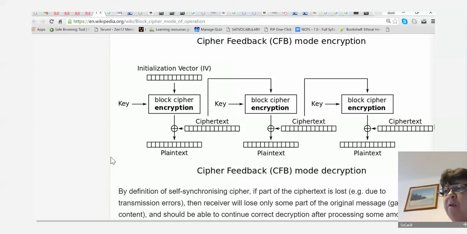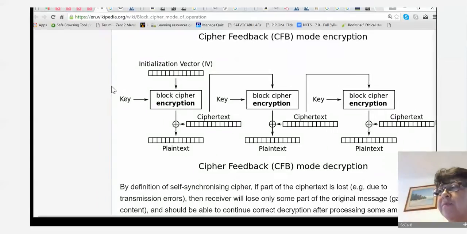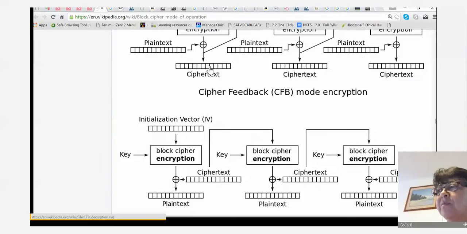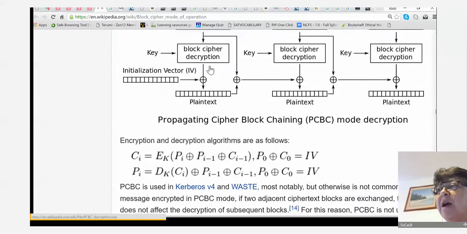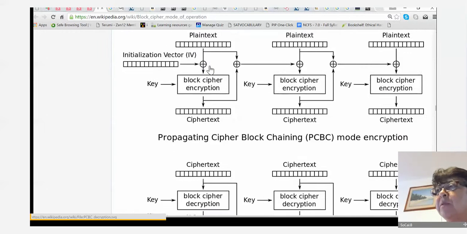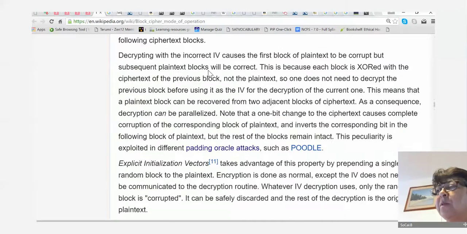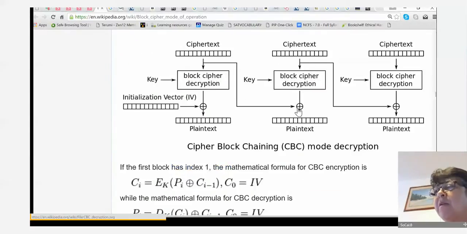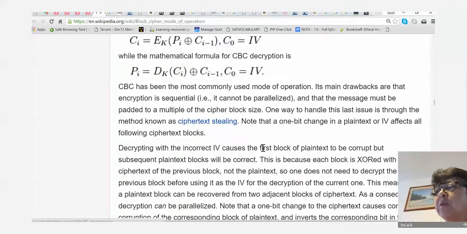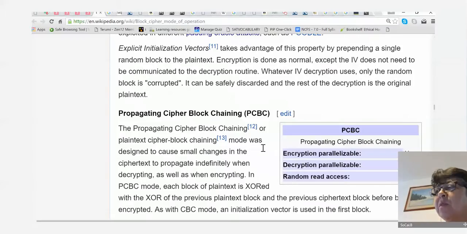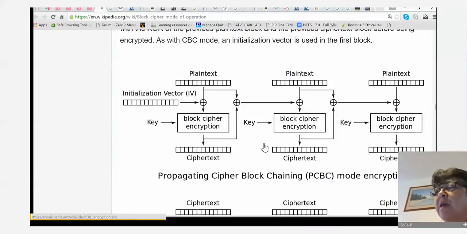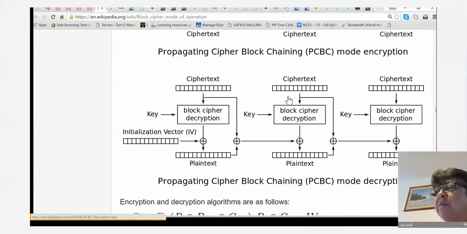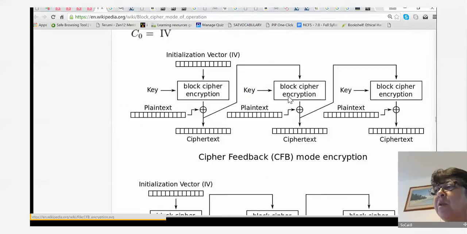Before, you were XORing with the IV. Here the ciphertext is XORed to give the plaintext. Let me see, I'm sorry, I'm on the wrong one. Here it is.